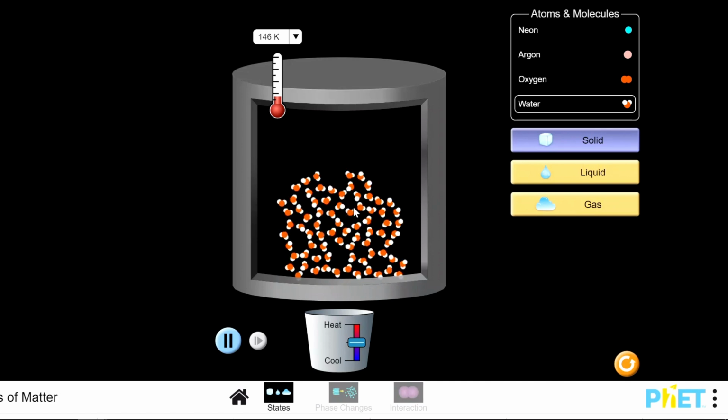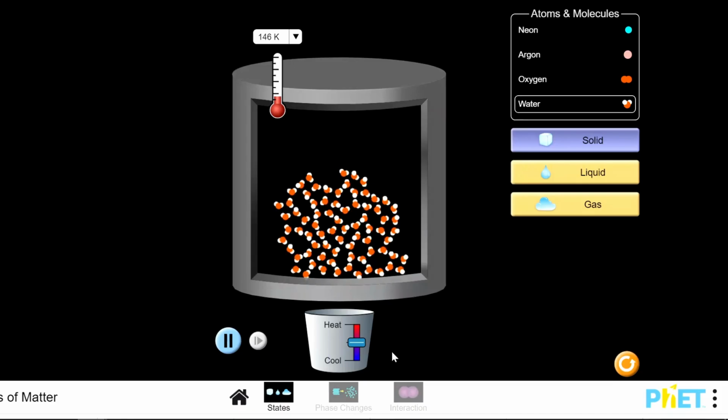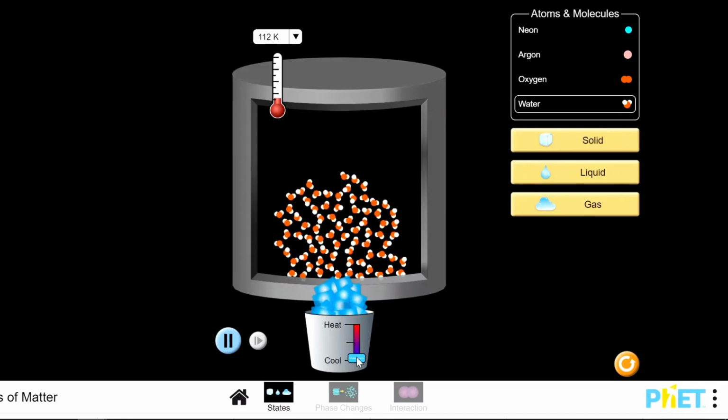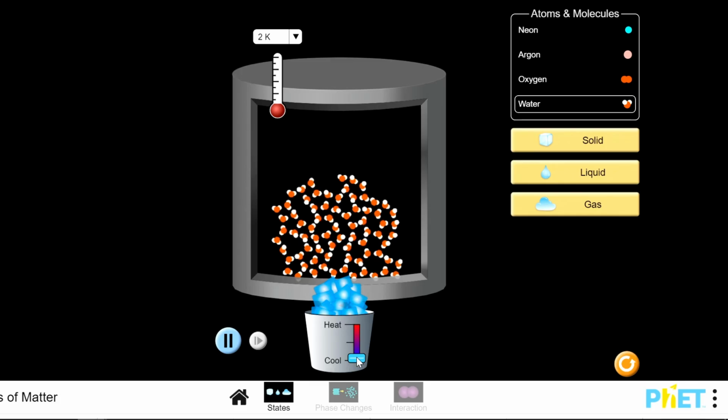Although they won't travel to any place, they are still wiggling around. So now let's cool down the water molecules in ice. You can see with the decrease of temperature, the molecules vibrate less and less and less, as we approach 0 Kelvin. It's not easy, even in the simulation, to actually reach 0 Kelvin, so it will take some time, and we are going to get there.